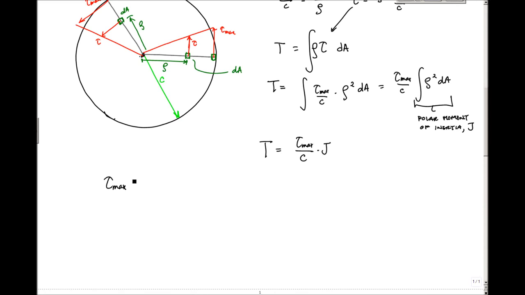So this is specifically for the maximum. And at any other location, tau, the shear stress at some location rho, a radial distance away from the center, is T times rho divided by the polar moment of inertia. And this is the shear stress due to torsion, or an internal torque.